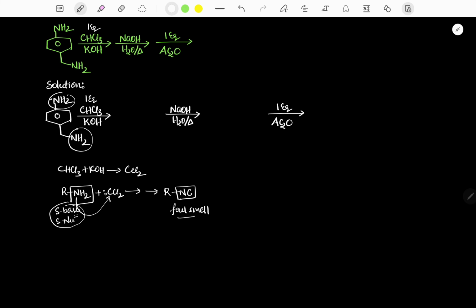So here this lone pair participates in the resonance. Therefore it is a weak nucleophile, and this lone pair is free, so it is a strong nucleophile. Of course it is also a strong base. Therefore this lone pair will react, and finally the corresponding product is the isocyanide.